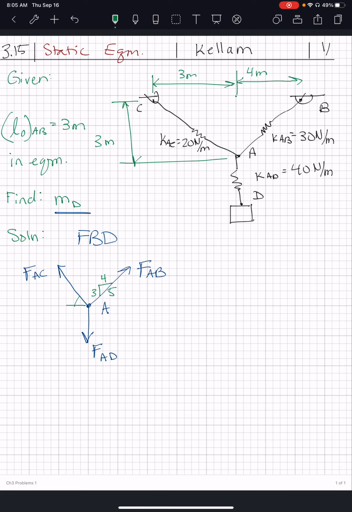You could just say it's 3 and 3, so it has to be a 45-degree angle. Alternatively, you could set it up as a common triangle, 1, 1, square root of 2. Either way works. I wouldn't necessarily write them both on there. So that's most of our free body diagram.